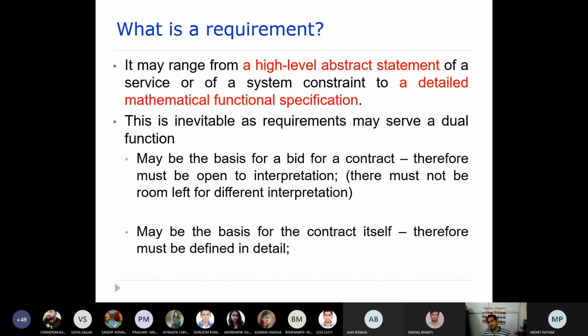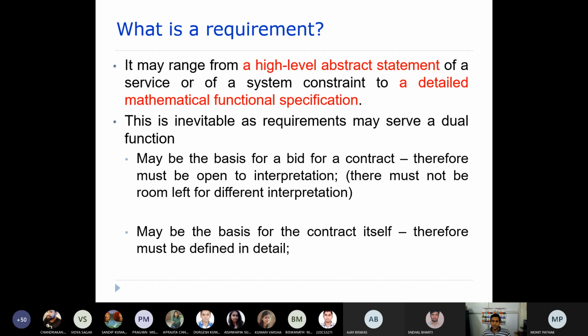We'll talk about formal methods, by which we can specify a requirement, right? We'll talk about that. So usually it's a high level abstract statement, but the specification can be specified using some mathematical methods.